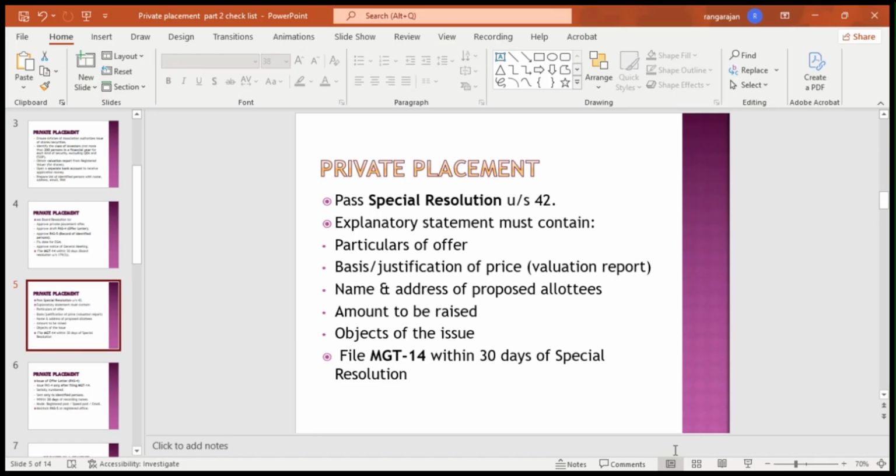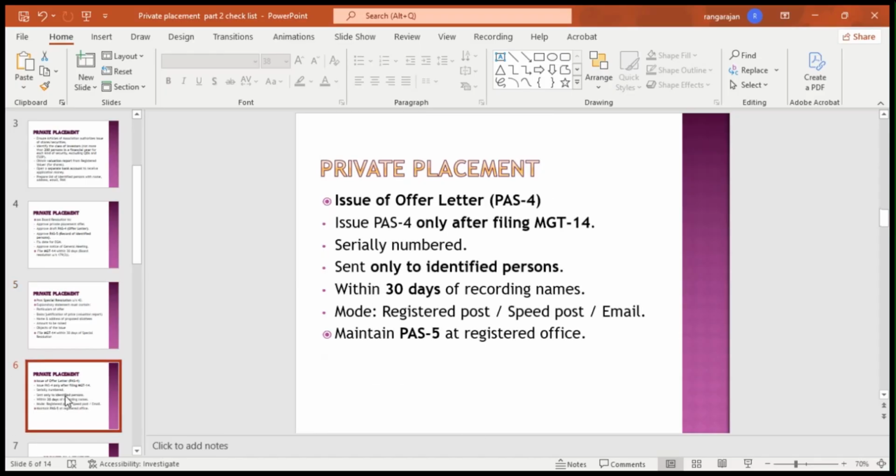Once the resolution is passed in the extraordinary general meeting, the company has to file MGT-14 within 30 days of the special resolution. After the EGM approval, we come to the issue of the offer letter PAS-4.